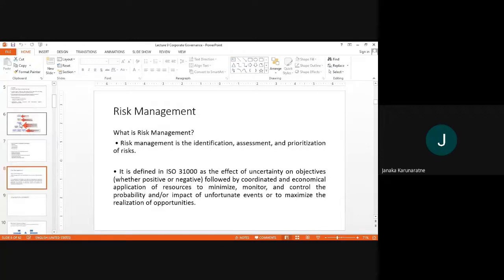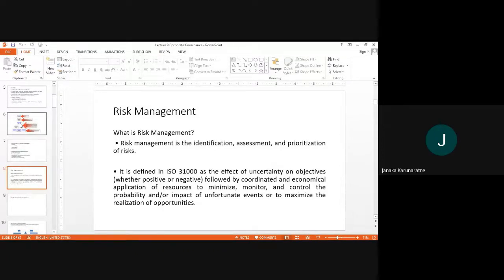Then let's move to risk management. So what is risk management? Risk management is the identification, assessment and prioritization of risk. We already discussed it. There are 8 principles, a structure of risk management. I think all of you can remember, at the beginning of this particular course, we discussed all these 8 elements of a risk management framework. It is defined in ISO 31000 as the effect of uncertainty on objectives, whether positive or negative, followed by coordinated and economical application of resources to minimize, monitor, and control the probability and or impact of unfortunate events, or to maximize the realization of opportunities.